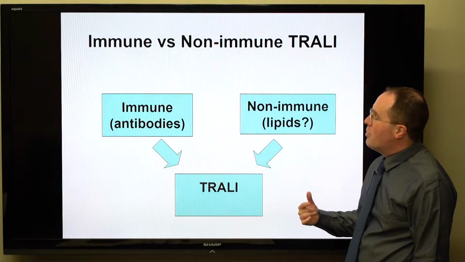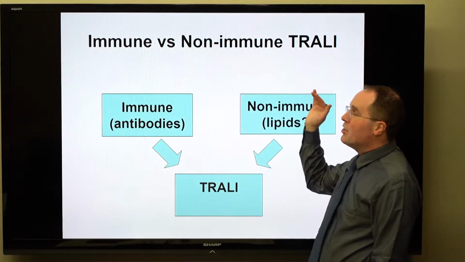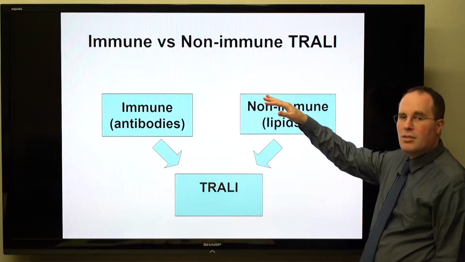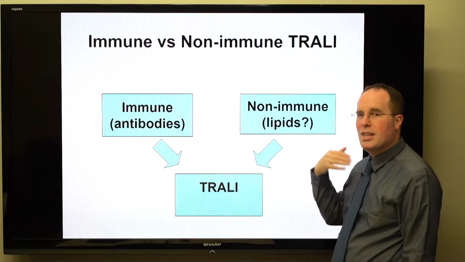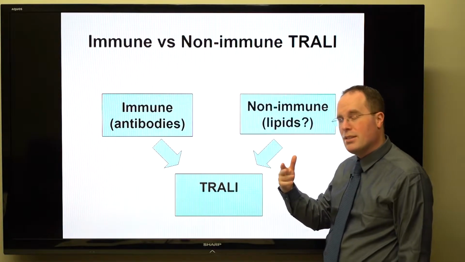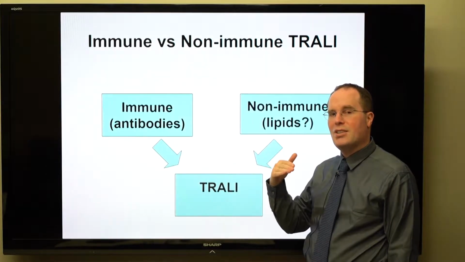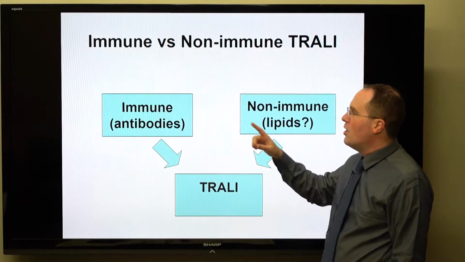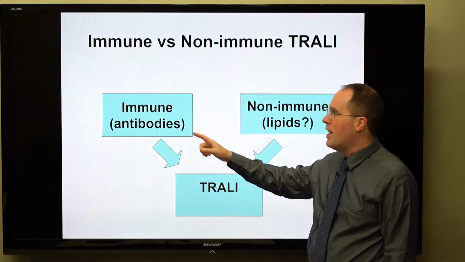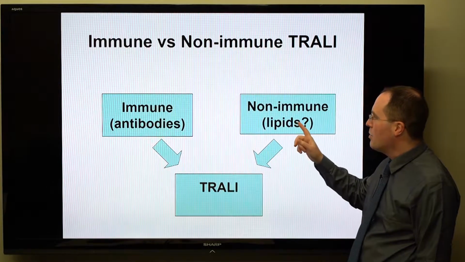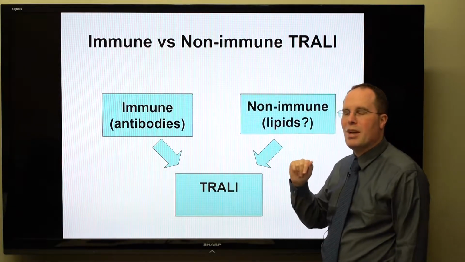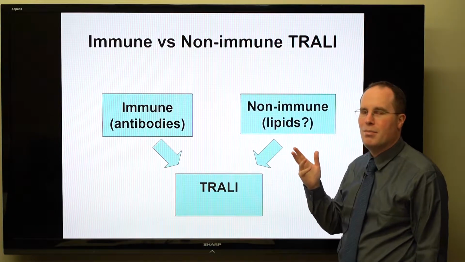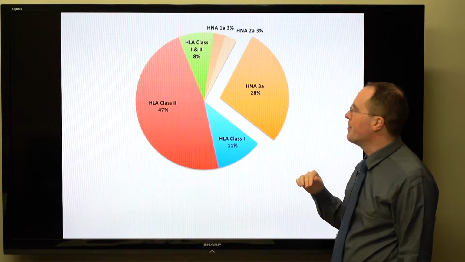And as we alluded to before, in addition to that predisposing factor, the predisposing condition in the patient that is usually present and gets their neutrophils on edge, as we'll see in a nice picture, you could have immune TRALI that includes antibodies, or non-immune TRALI that probably includes some kind of biologic response modifiers like lipids.